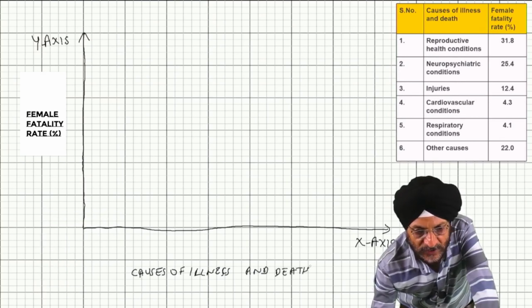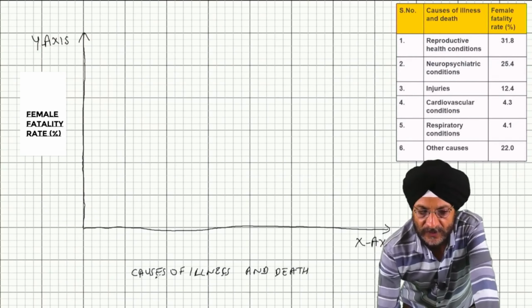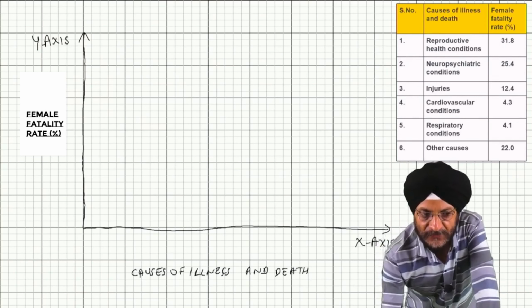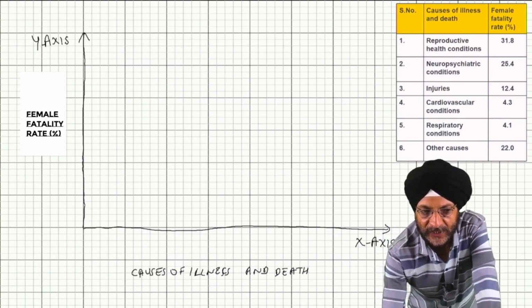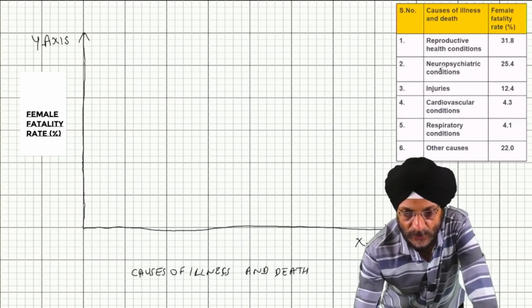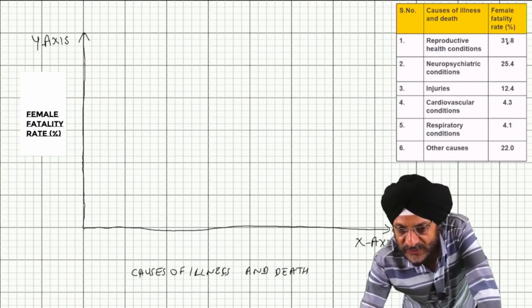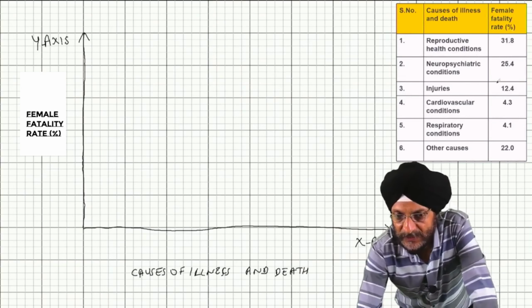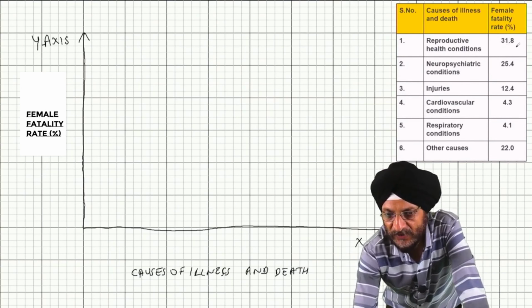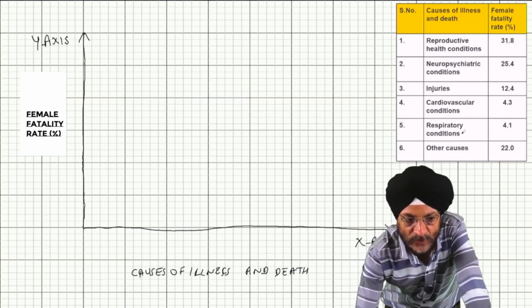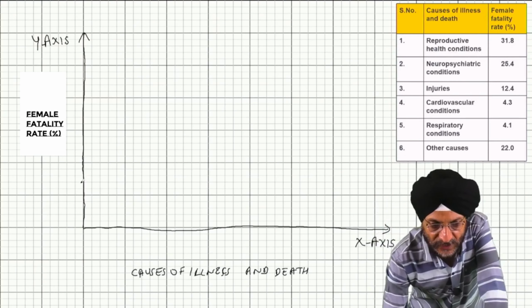That is, on the x-axis we will take causes of illness and death, and on the y-axis we will take female fertility rate. So now what is reproductive health conditions? We see that the maximum figure mentioned is 31.8 and the minimum is 4.1. So we will here draw the graph.